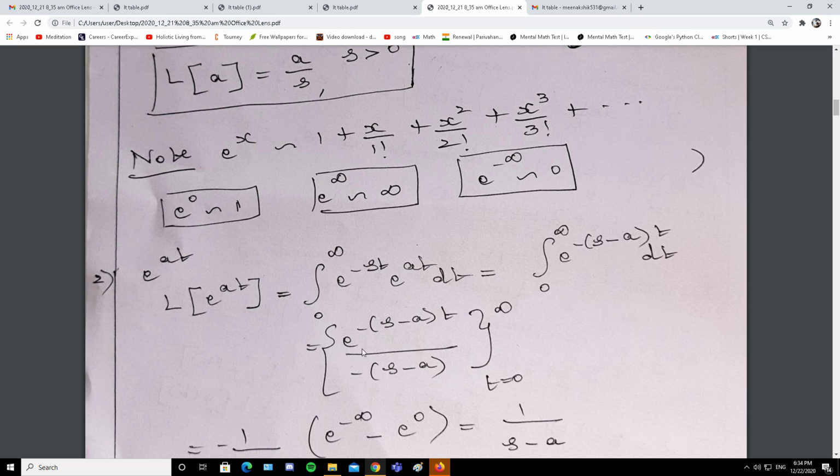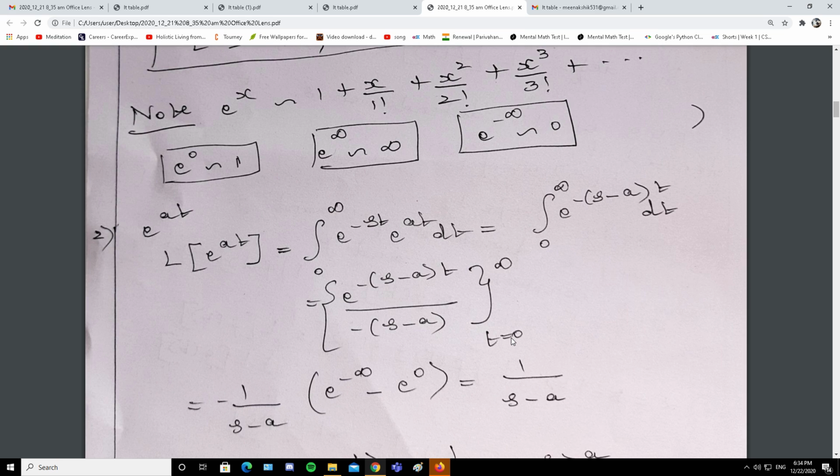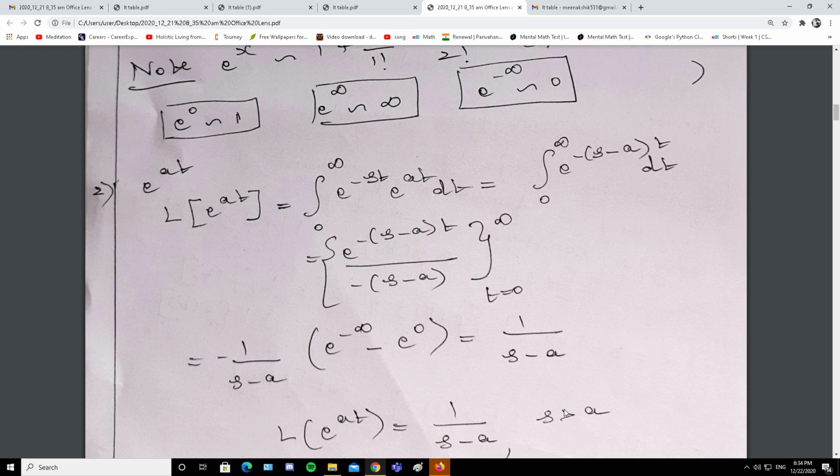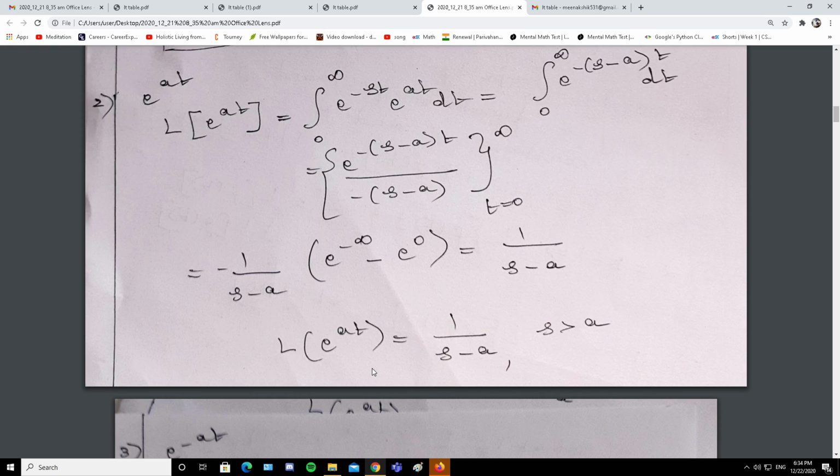So the integral is e power minus of s minus a, t by minus of s minus a, t varying from 0 to infinity. When t takes the upper limit infinity, it is 0. When t takes the lower limit 0, e power 0 is 1. So it is minus 1 by s minus a of 0 minus 1, that is 1 by s minus a. So Laplace of e power at is 1 by s minus a, where s is greater than a.